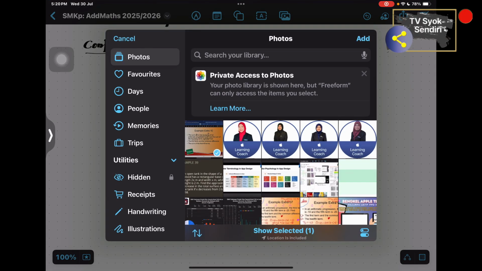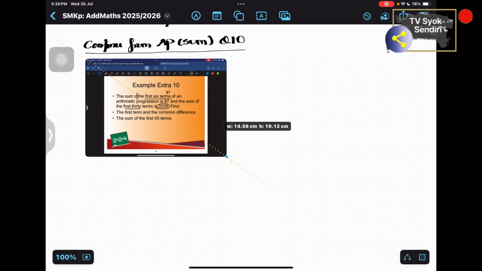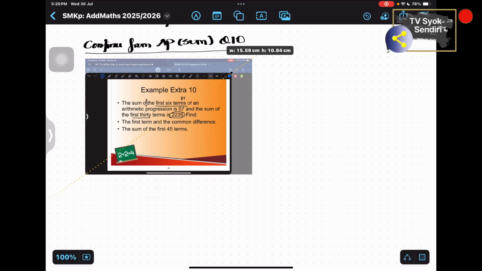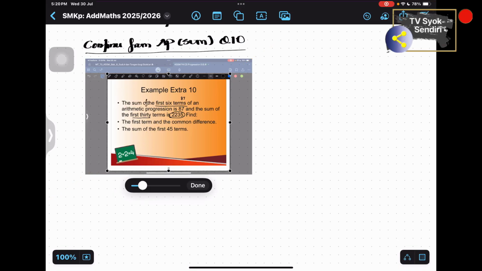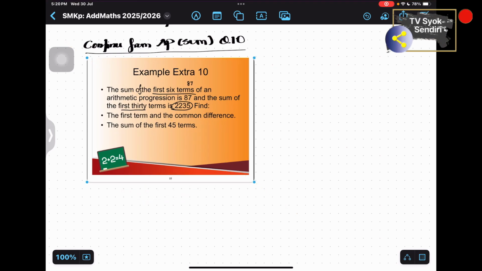Okay, just allow me to get some space here. Can I crop? Yes, I can actually crop it. Okay, now I'm done. Just allow me to put it bigger. Okay, so now I have plenty of space for me to write.